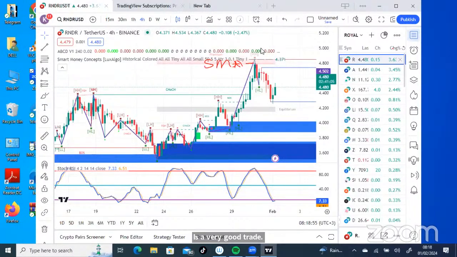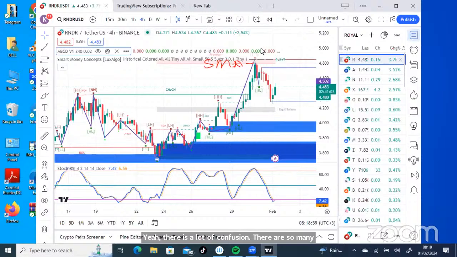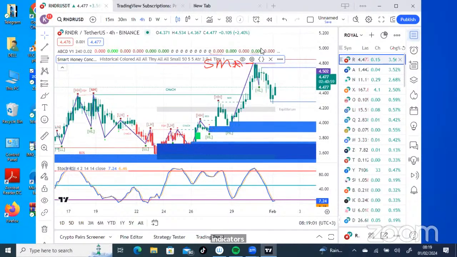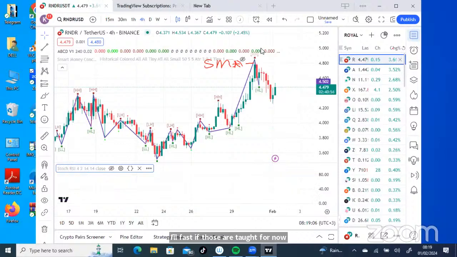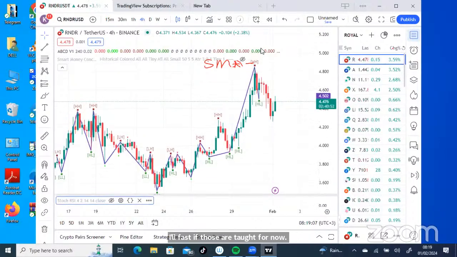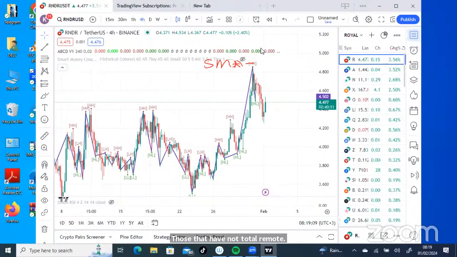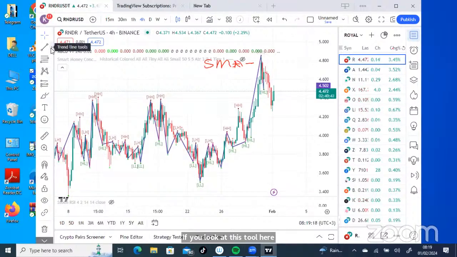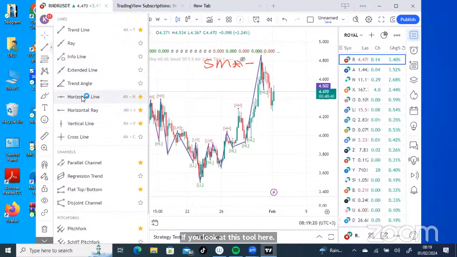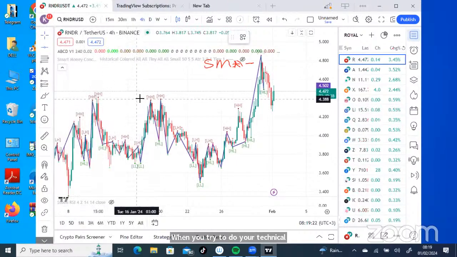Okay, here there is a lot of confusion. There are so many indicators, but I'll first keep those I've taught for now. Those that I have not taught, I'll remove them, not because I will not teach them. If you look at this tool here, when you try to do your technical analysis, you could see that the market is responding to this area.